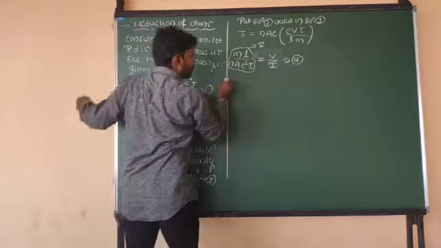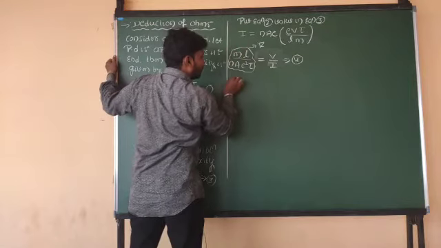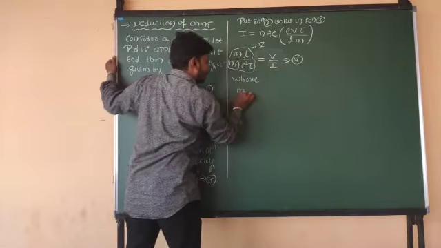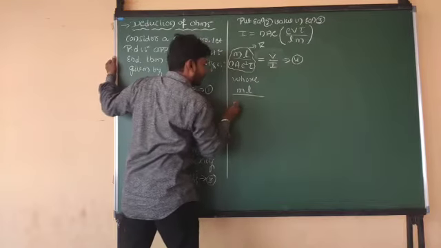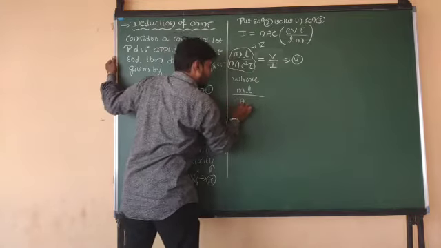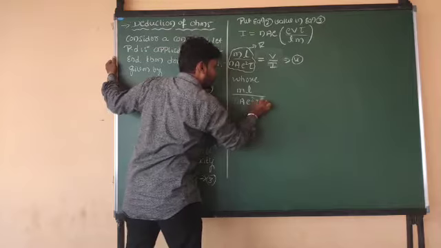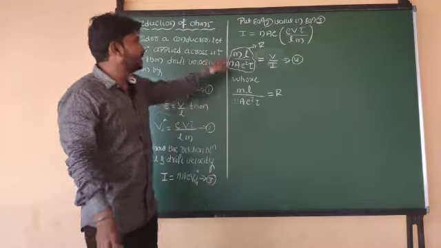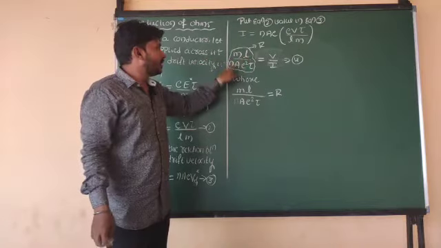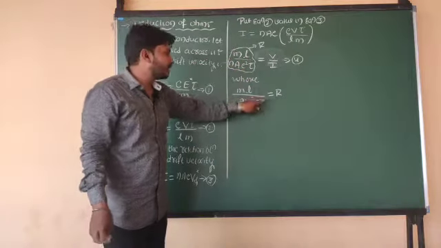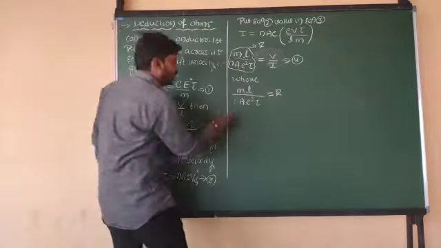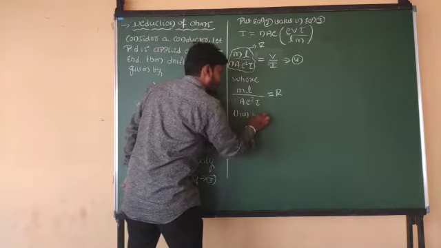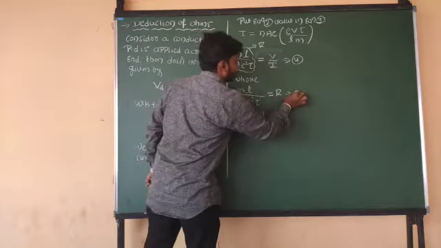Where mL divided by nAe square into τ is equal to R. I will take that entire term, mL divided by nAe square τ, as R. Let me take this as equation 5.